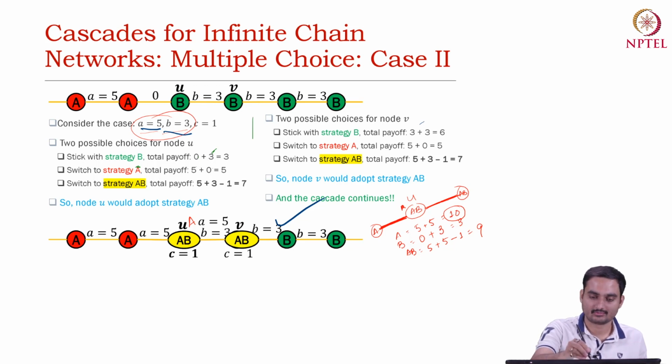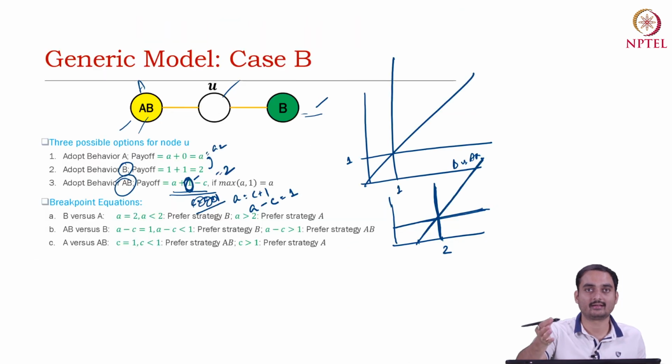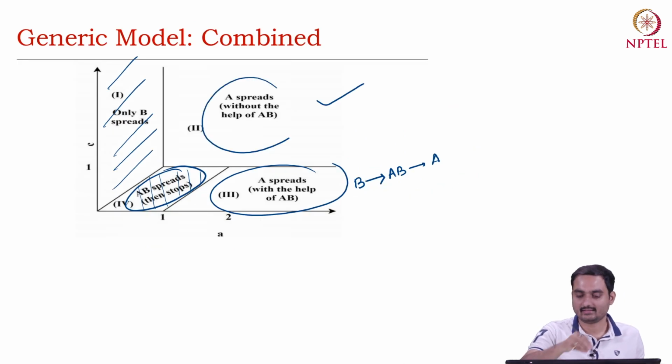So A will eventually spread, but with the help of AB, and that would be the ideal situation. So you can't penetrate the market directly. You actually have to convince your customers to also adopt your product, and gradually see what happens. And at the final stage, A would start spreading without the help of AB.